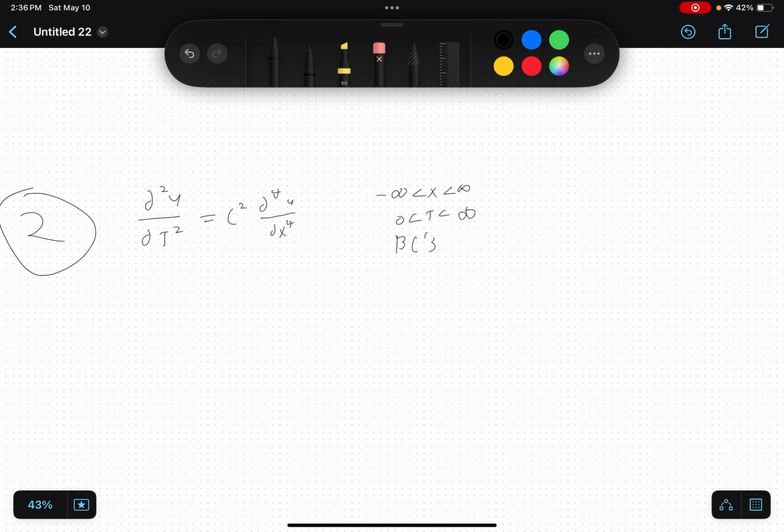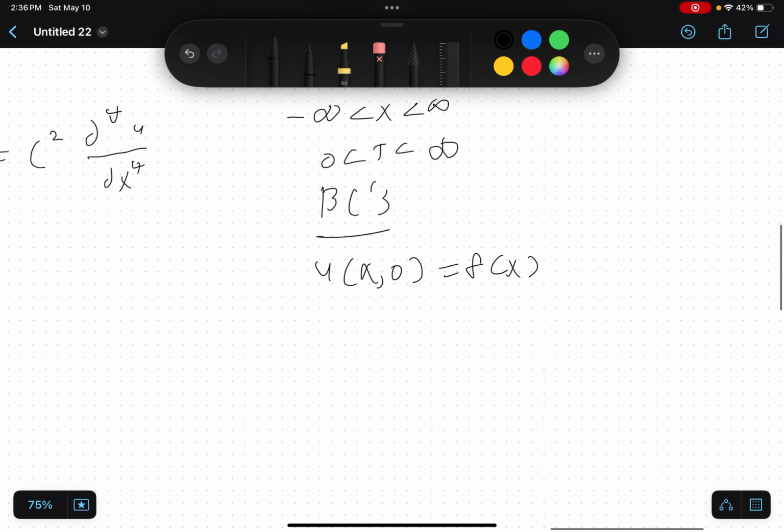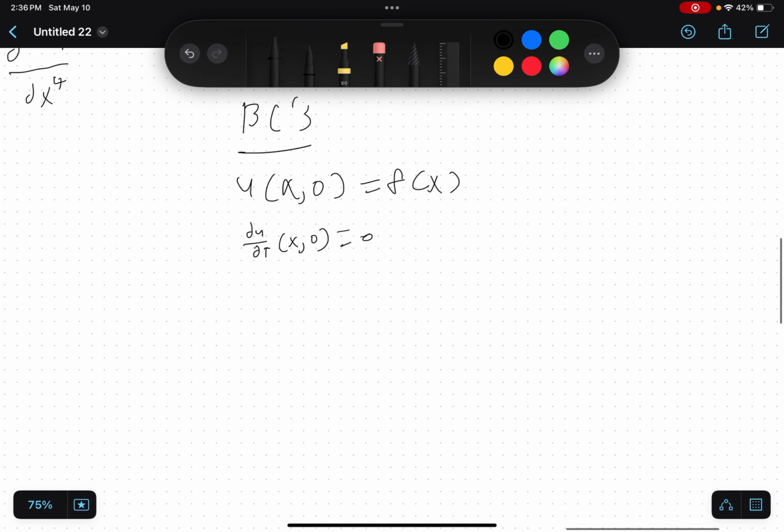Okay, so our boundary conditions are our non-homogeneous boundary condition that we're going to use. That's another one that we're going to use.